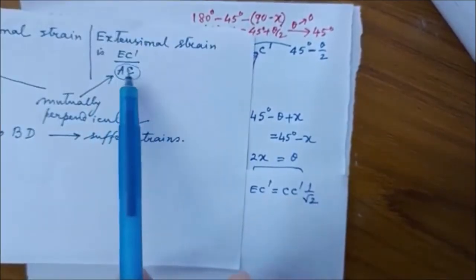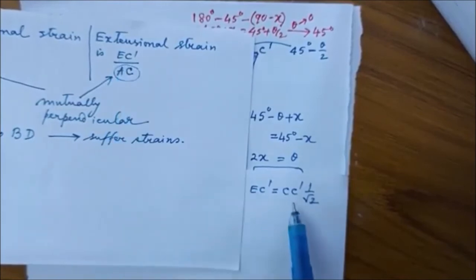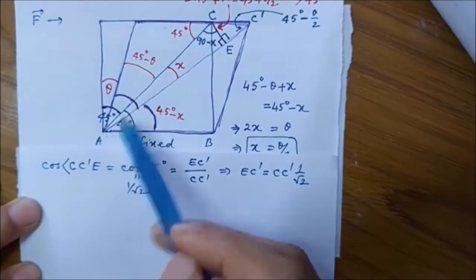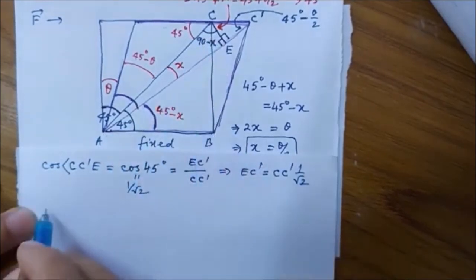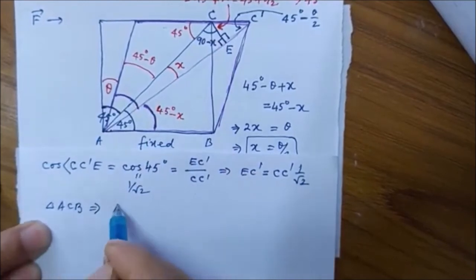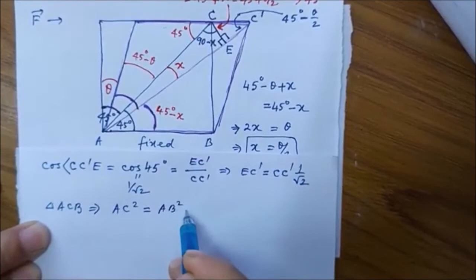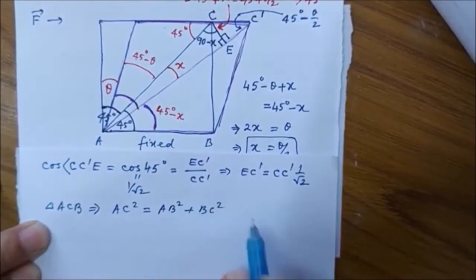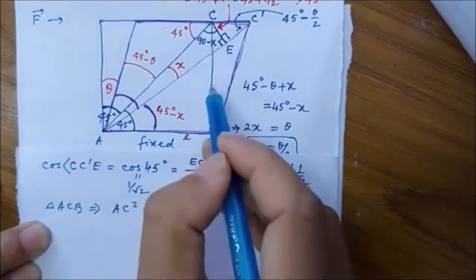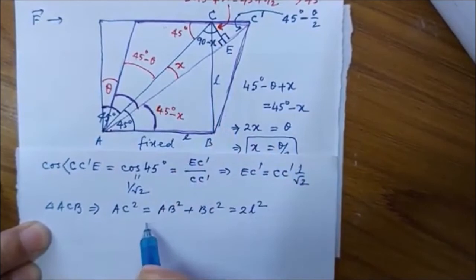The extensional strain is EC prime by AC. The value of EC prime is this one. Let us find the value of AC. Now from this triangle ACB, using Pythagoras theorem, we have AC square equal to AB square plus BC square, and AB is L and BC is L, and therefore we have 2L square.